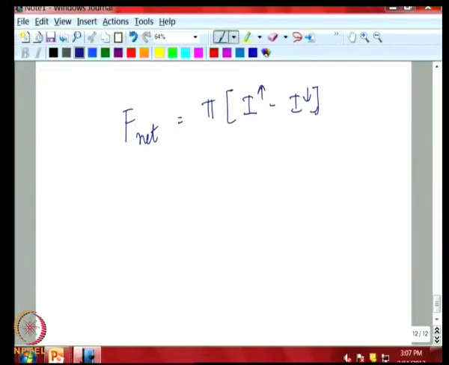Now, let us take a special case of a non-absorbing cloud, that is, we set omega equal to 1, special case. So, it is essentially a non-absorbing or purely scattering layer.